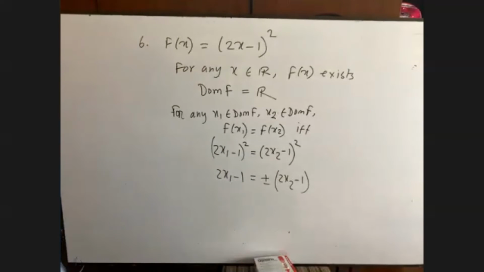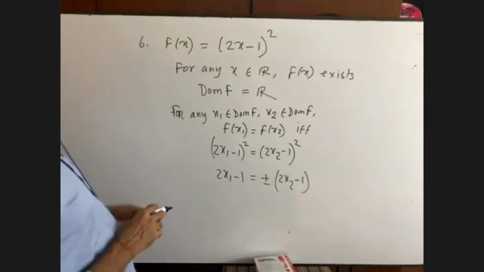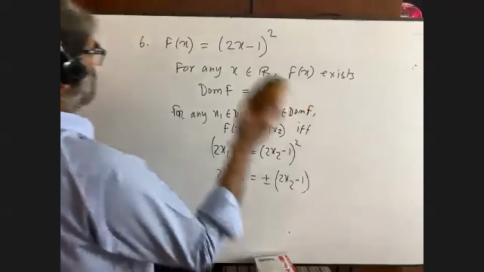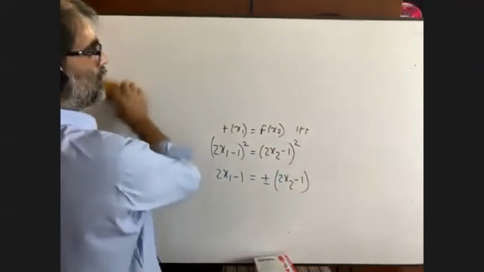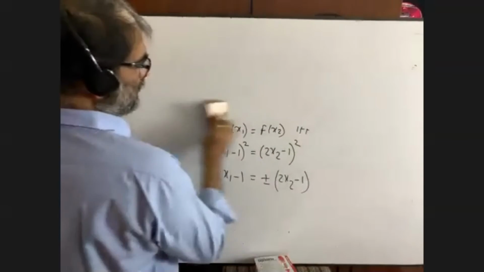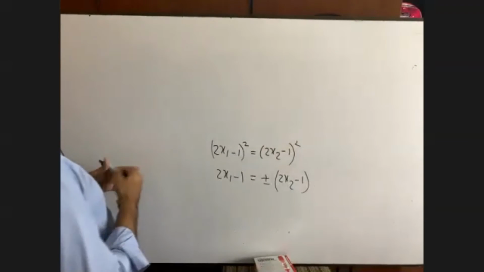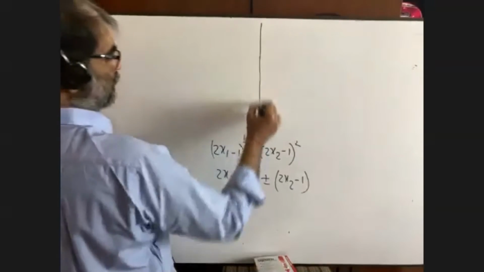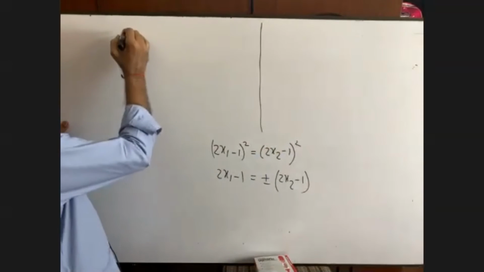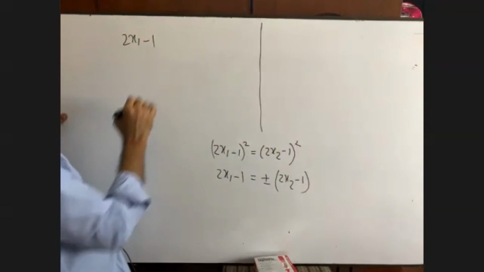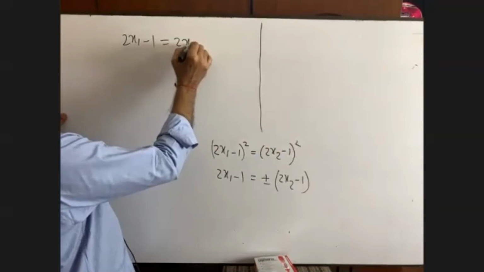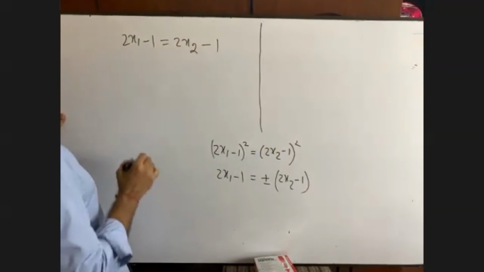From here what we are getting? We are getting two parts. Number one is a plus, that is 2x1 minus 1 is equal to 2x2 minus 1.